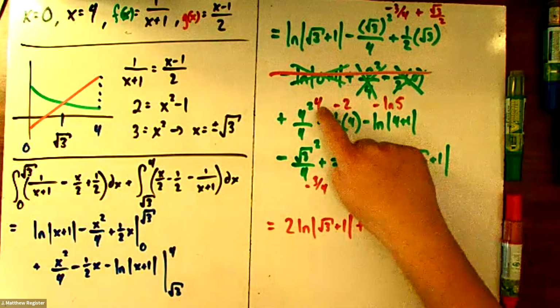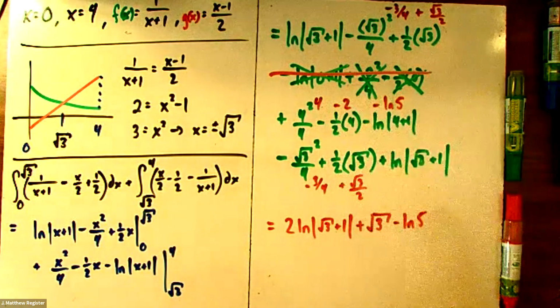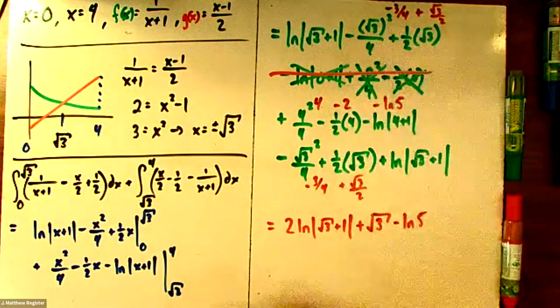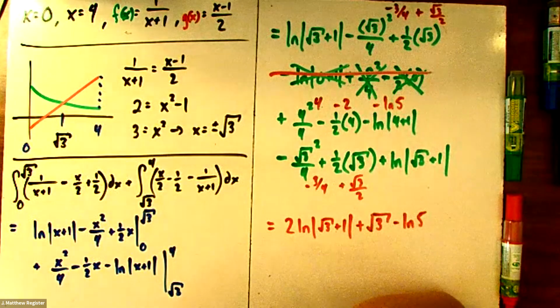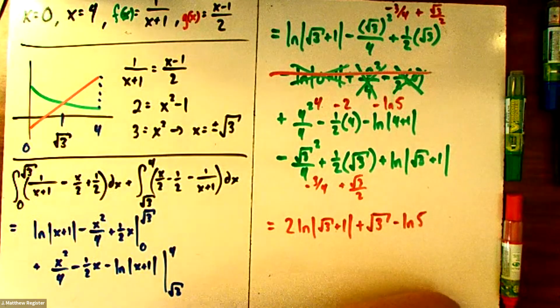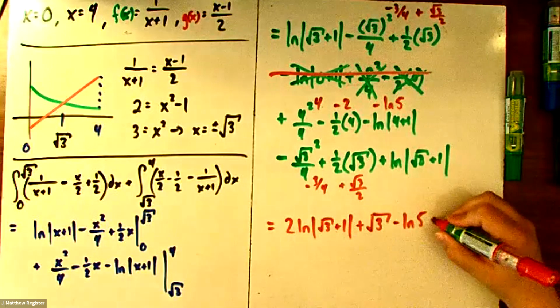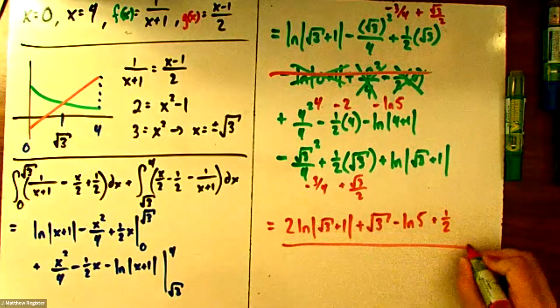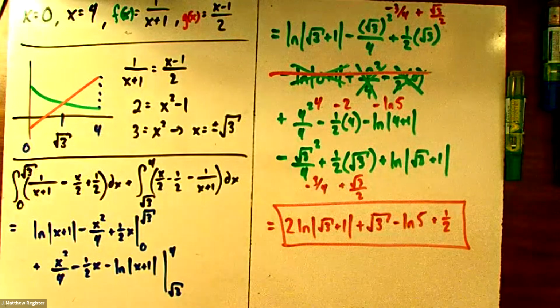And then we have 4 minus 2, which would be 2. And then 2 minus 3/4 minus 3/4. That's 2 minus 1/2. So we get plus 1/2. In theory, that's the exact answer.